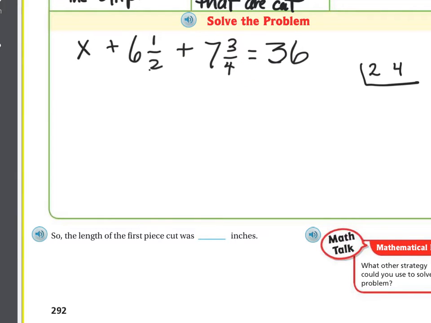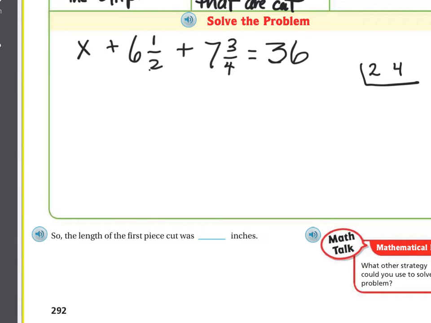So all three of these numbers are going to equal 36. Does that make sense? In order to find x, we're going to have to subtract these numbers out. If we take those away from 36, whatever's left over will be that missing number. Does that make sense?